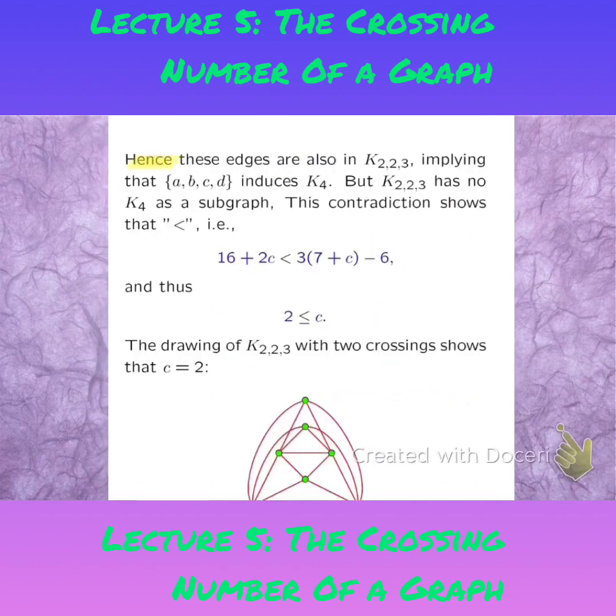But these edges must also be present in K223, and that is going to imply that these vertices induce a K4. And you can see in K223 there's never any K4 present as an induced subgraph. So therefore we need strict inequality to hold, and this is going to force C to be at least 2.